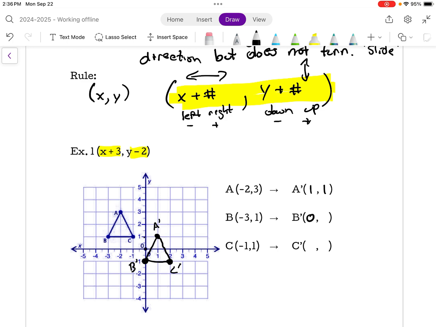That gives me 0. And then the Y value, Y minus 2. 1 minus 2 is -1. And then finally C, we start with -1 for C, and I'm going to use the rule X plus 3, so -1 plus 3 is 2. And then Y minus 2, 1 is Y, so 1 minus 2 would be -1.